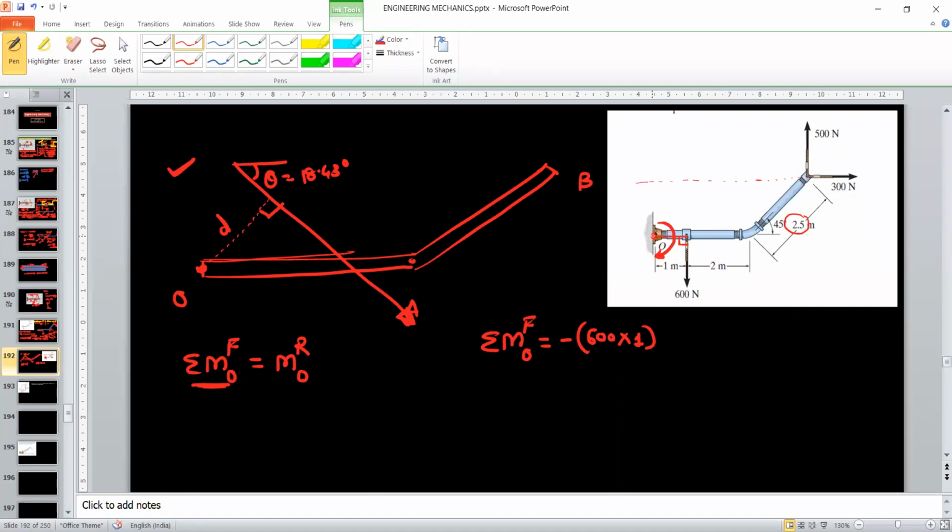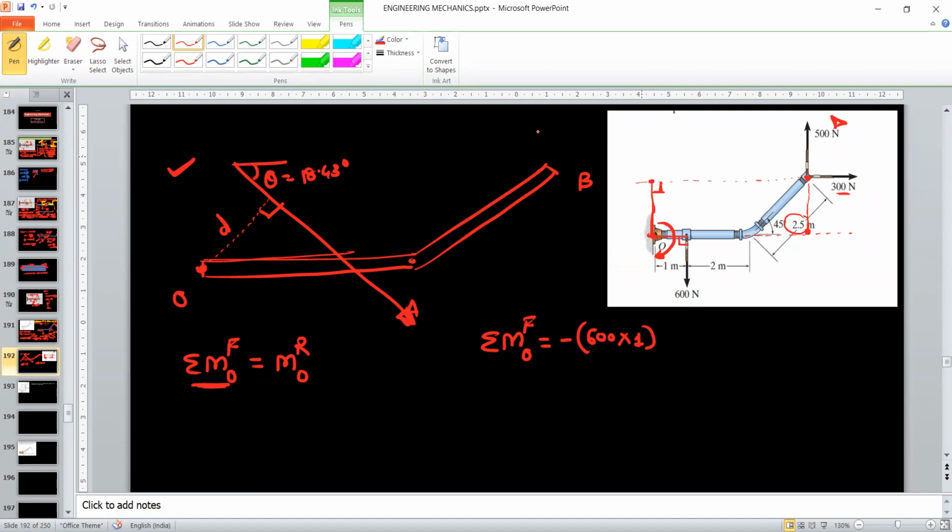And from point O, if you draw the vertical line like this, then this will be the perpendicular distance. But how to find out this distance? This distance is nothing but the perpendicular distance for only the 300 Newton force.